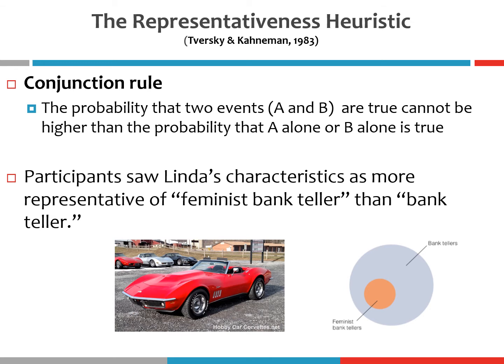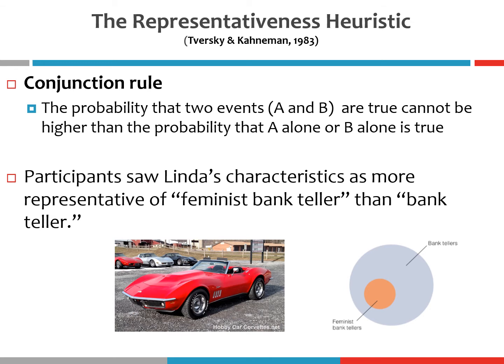And similarly, there are more bank tellers in the world than feminist bank tellers, right? So stating that Linda is a bank teller includes the possibility that she is a feminist bank teller, right?